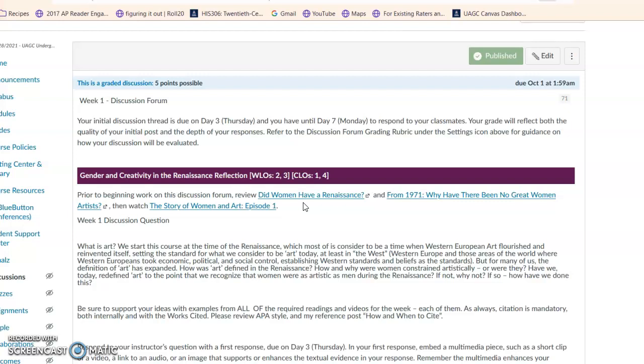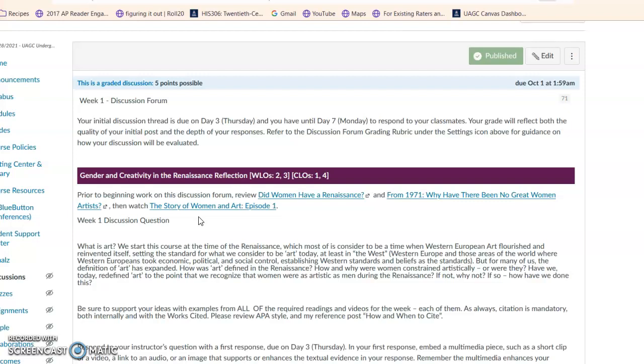And you will see that more clearly as we go through the course. But definitely here, using references to actual female artists that you see, particularly in the video, The Story of Women in Art, but also in the examples that were used in the other two sources, will definitely make your post stronger. And you're going to see that again much more as we go through this.